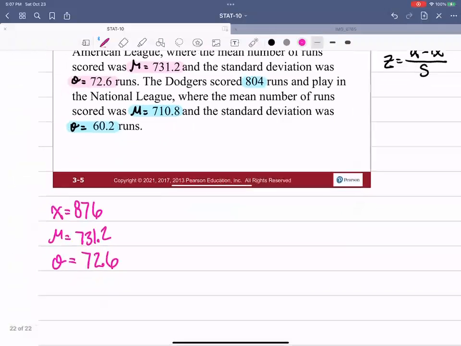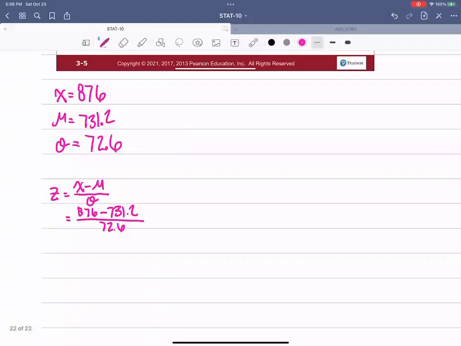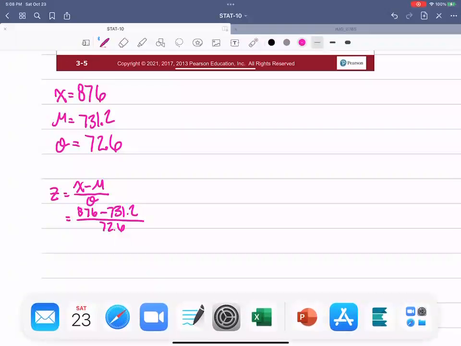Let's calculate this z-score. So z is equal to x minus the mean divided by the standard deviation: 876 minus 731.2, divided by 72.6. We could grab our calculator and calculate this.